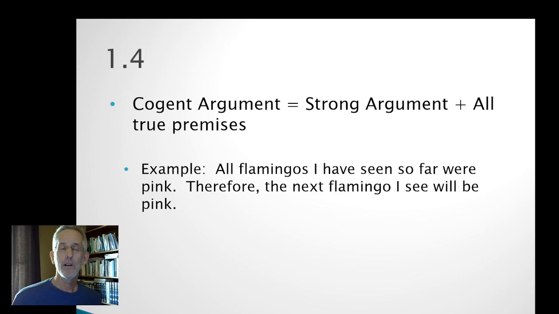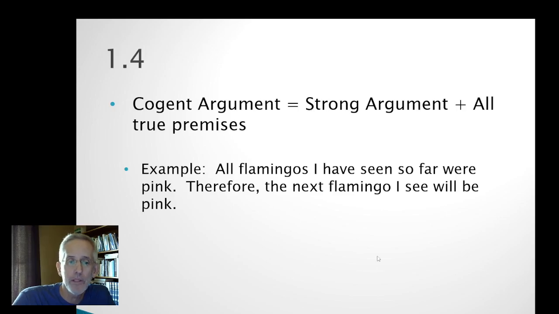Now, if I lied and said I've observed 5,000 ravens, well, 5,000 observations would be enough to give strength, but if I'm lying and I never really saw them, then my premises are actually false and the argument would lack cogency also. So in order for an inductive argument to be cogent, it has to have strength and it has to have actually true premises.